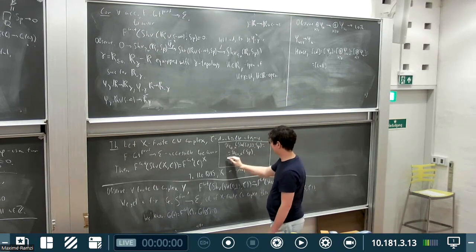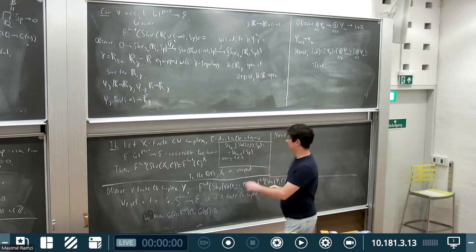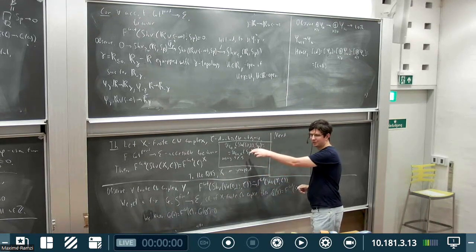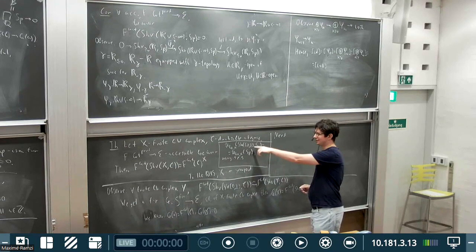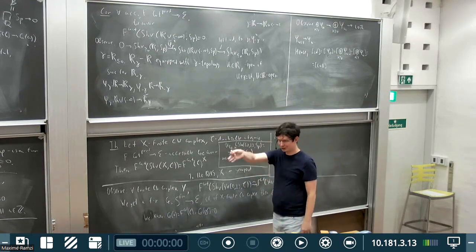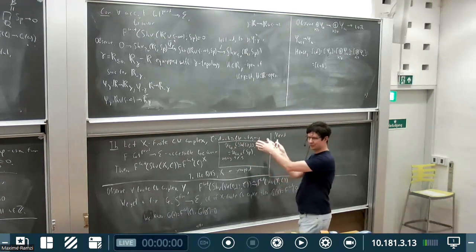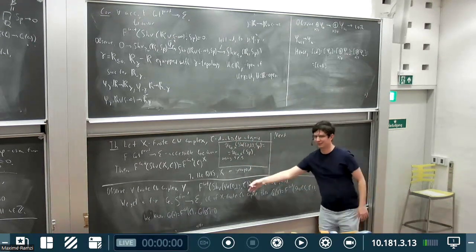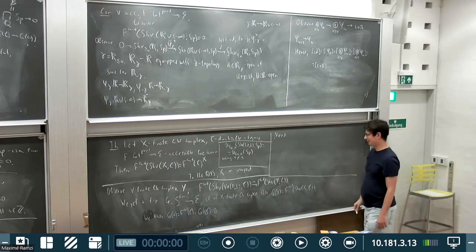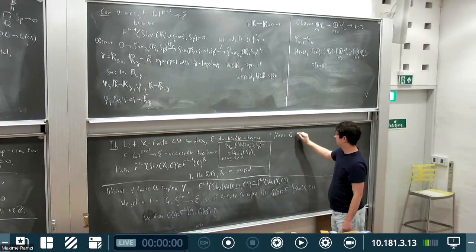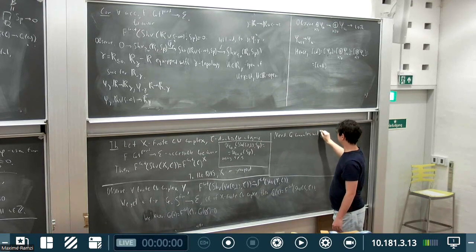Just because, using the short exact sequence, you embed the semi-open interval into the unit interval, and then you pull back to the endpoint. And because we know the vanishing for the semi-open interval, we deduce this. And so we get this homotopy invariance. So now we only need that G commutes with pullbacks.